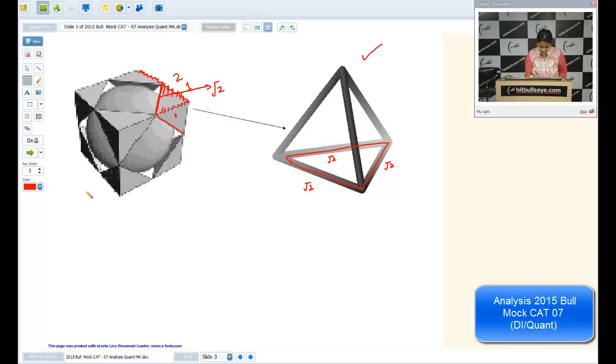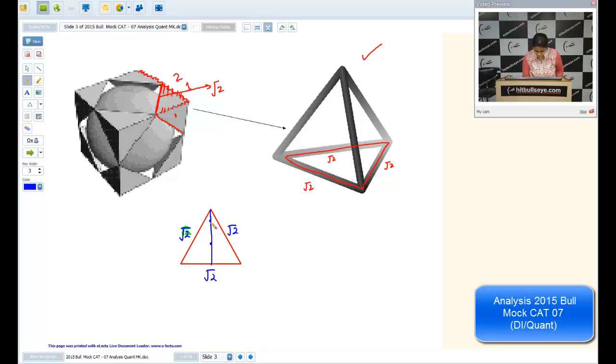Now, if I take an equilateral triangle of side root 2, let us take its center. If I join these, in an equilateral triangle everything is same. We can talk about median, perpendicular bisector, anything, they all are same.